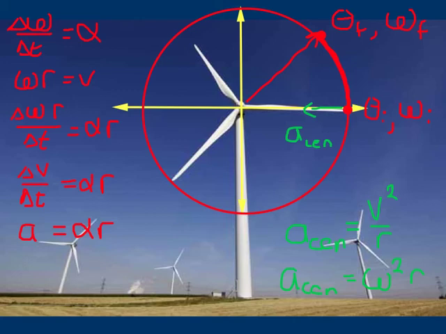So how do we tell that apart from this acceleration which points this way? Well, we call this acceleration the tangential acceleration. The tangential acceleration describes how much the rotation speed is changing. And that's related to this angular acceleration alpha.